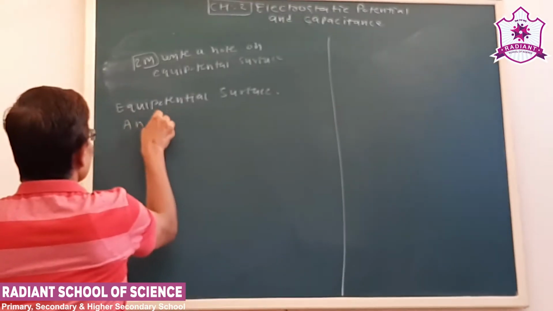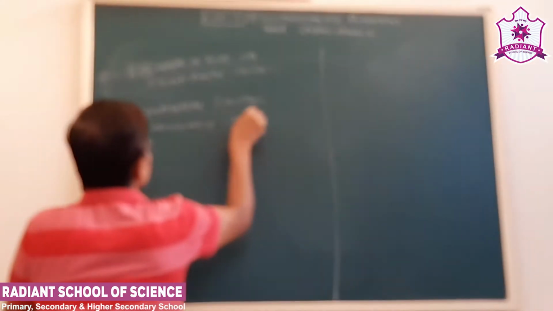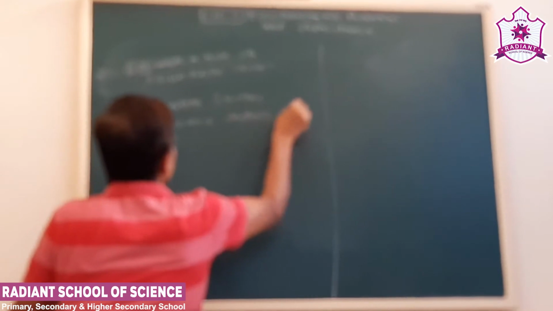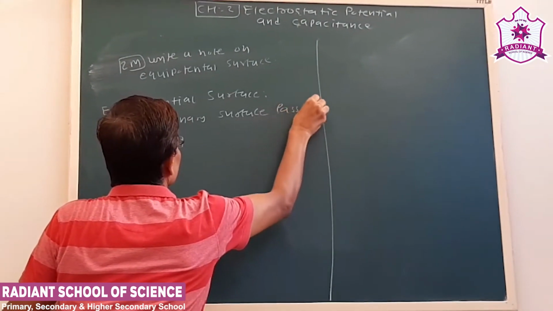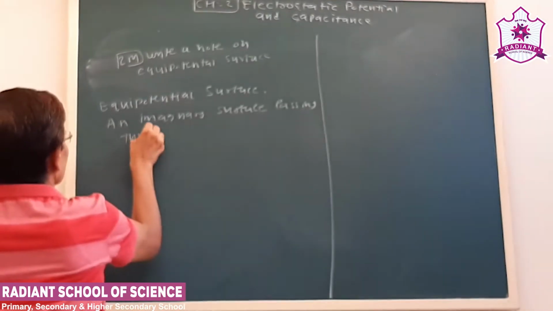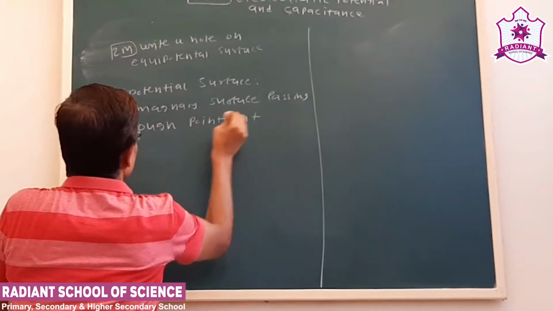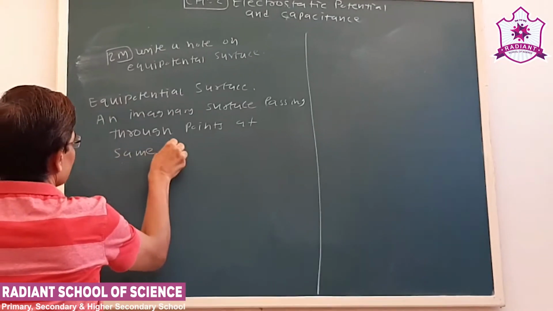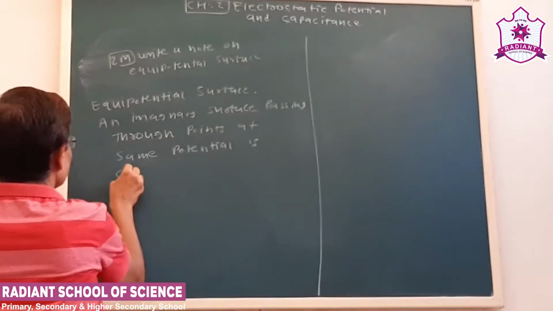An imaginary surface passing through points at the same potential is called an equipotential surface.